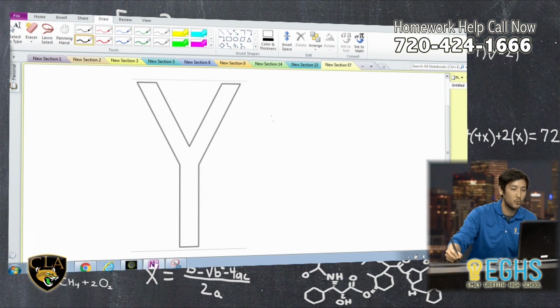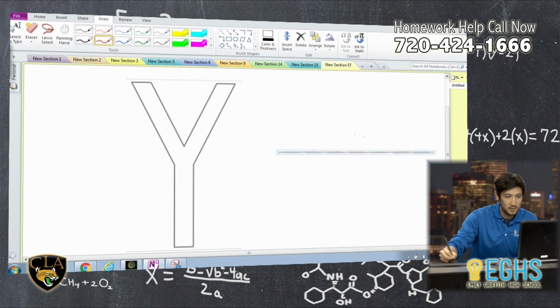So when we look at this letter Y here, I'm going to give you a different object. When we talk about lines of symmetry, think about a line like this and a line like this.